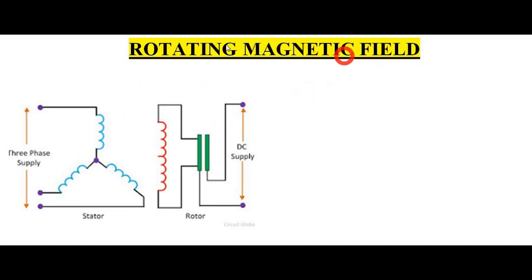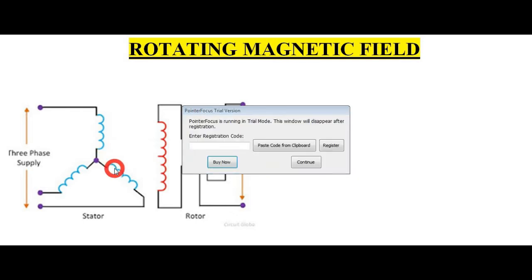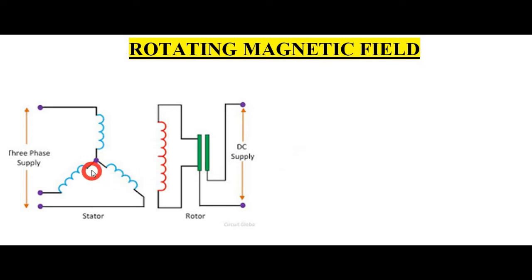The RMF is produced because of two reasons. First, the windings of the stator are equally displaced, at an angle of 120 degrees. See, this phase and this phase are 120 degrees apart, these two are 120 degrees apart, and this winding is also 120 degrees apart. Because of this, the windings of the stator are equally displaced from each other.